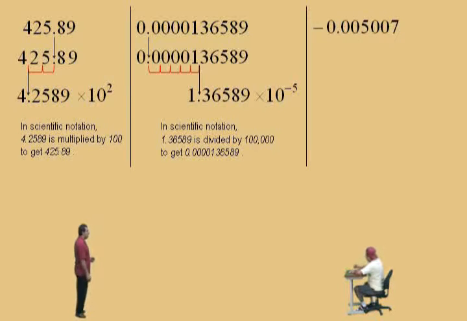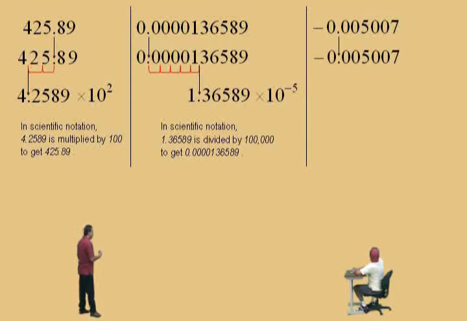Okay? Let's do another one, negative 0.005007. Here, we have to move that decimal to the right 3 times, because that'll give us 5.007. It's negative. Remember, the number just to the left of the decimal has to be 1 or greater than 1, but less than 10. Now, we shifted the decimal 3 times, so in order to represent the decimal number that we started with, we need to move the decimal to the left 3 times.